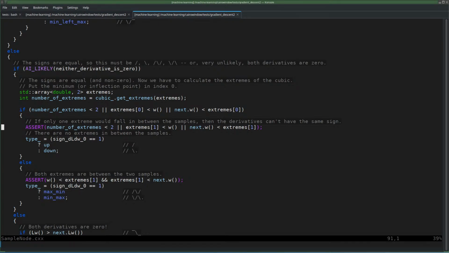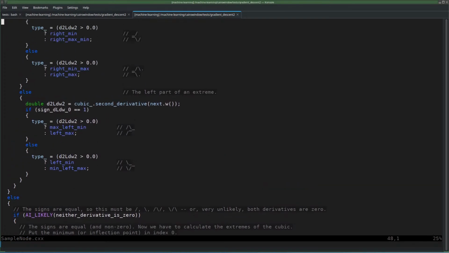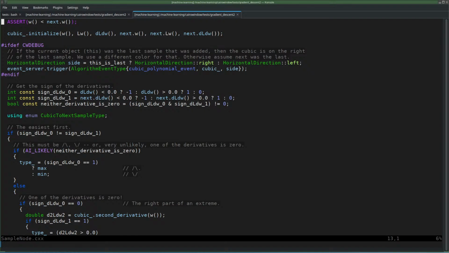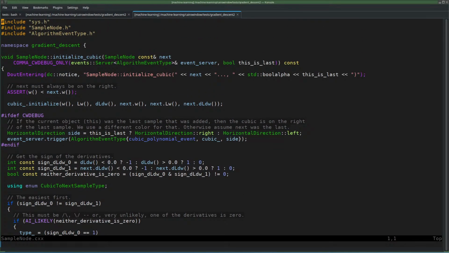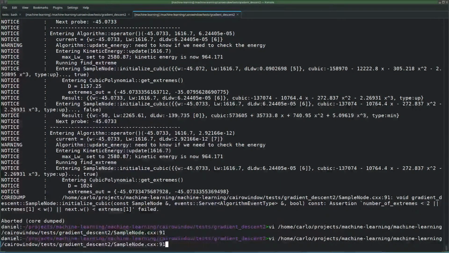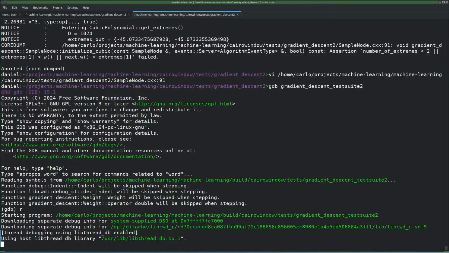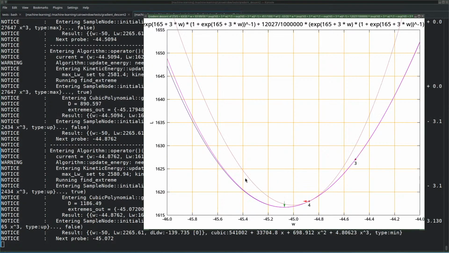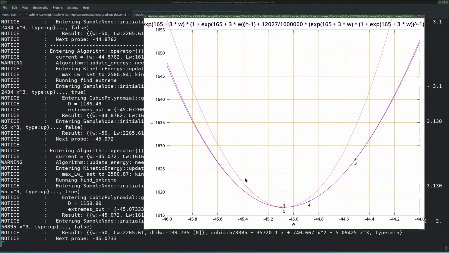How do I debug this? This is a call to initialize cubic. So this is already extremely inside.